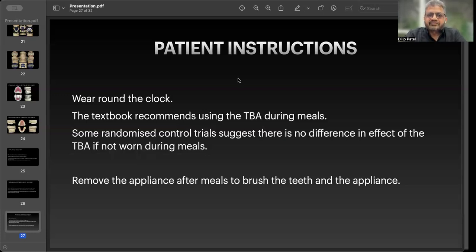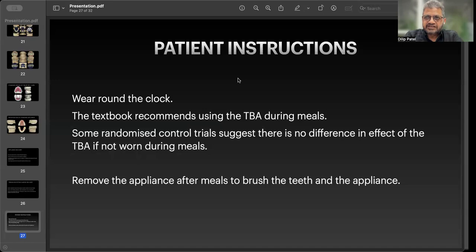Remove the appliance after the meal to brush the teeth and the appliance. After every meal, the appliance should be thoroughly cleaned, and the teeth should also be cleaned properly. Otherwise, there are chances of decalcification during the course of the treatment.